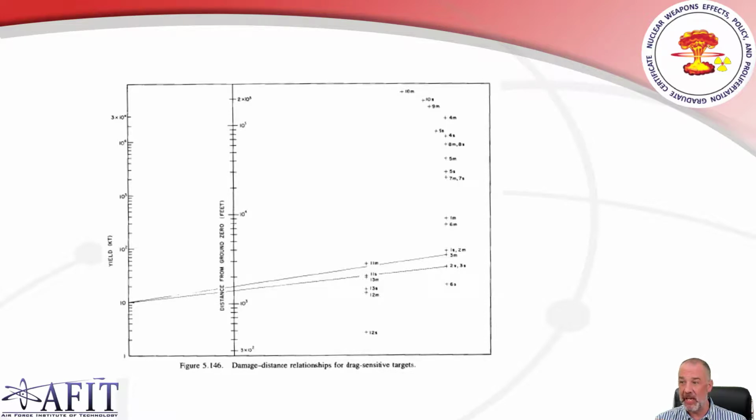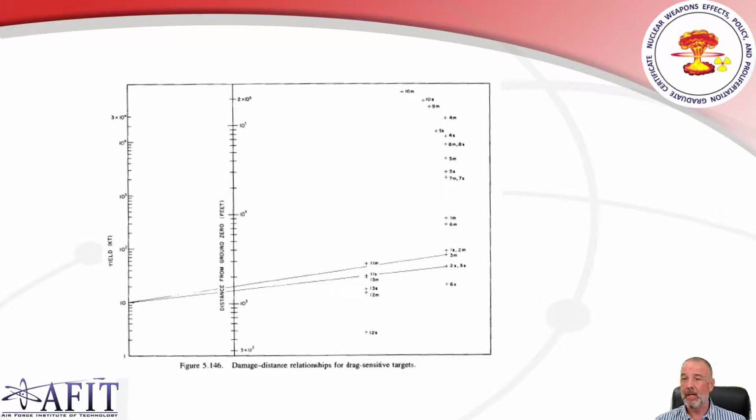So in this particular case, we're looking at severe damage for a type 2 and type 3 structure, and that is from a 10 kiloton weapon, and it looks like, in thousands of feet, it would be about 1,500 feet away, because it's over 1,000 but less than 2.